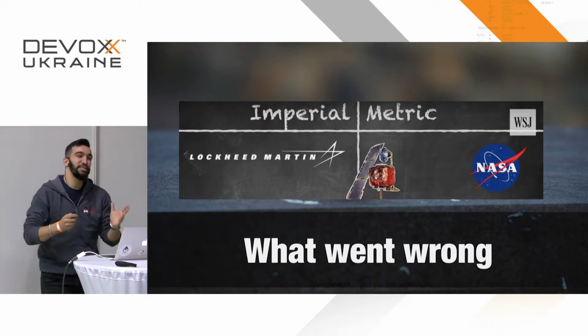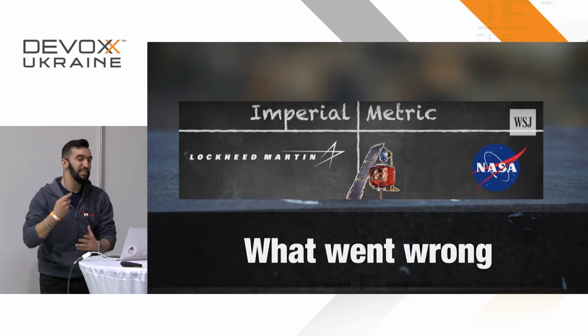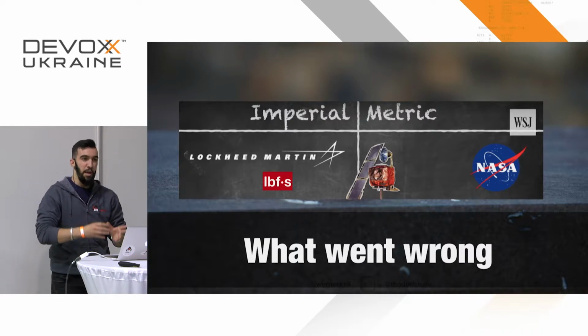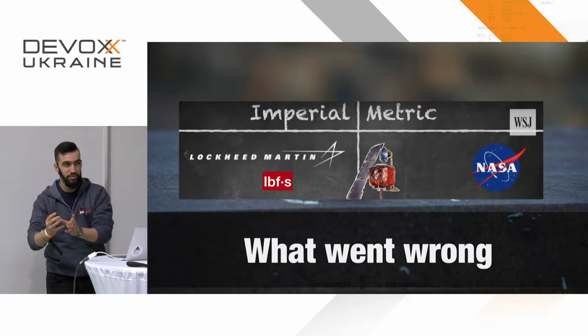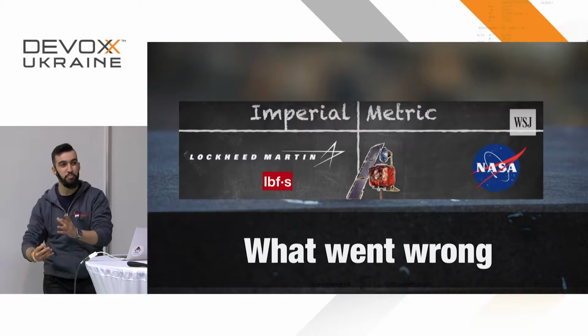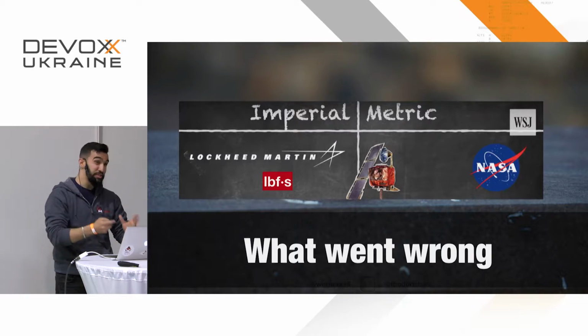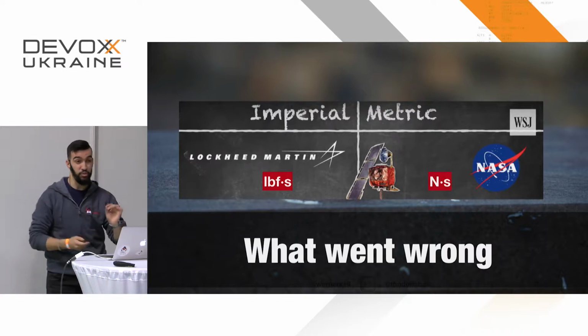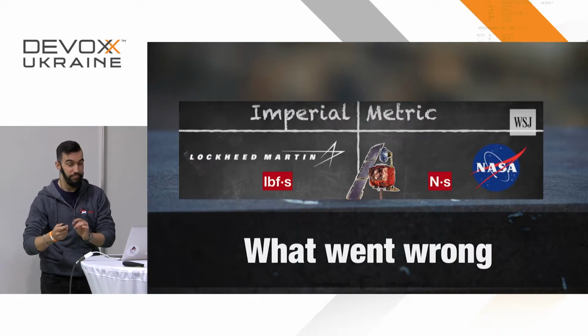And to put it directly and straight to you, what did they use actually? So they actually used pound force seconds. Lockheed Martin used pound force seconds, whereas NASA software specification clearly stated that they should be using Newton seconds.